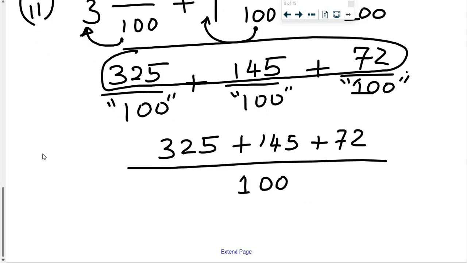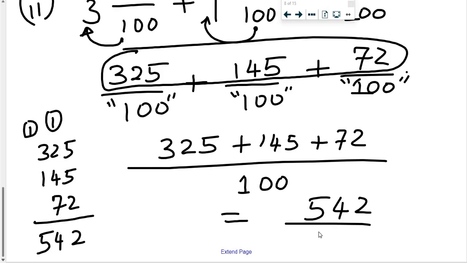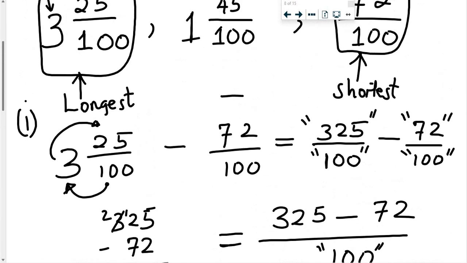Arrange the numbers vertically. 325, 145, 72. 5 plus 5, 10, 12, carry 1. 2 plus 4, 6, 13, add 1, 14, carry 1. 3 plus 1, 4, add 1, 5. So the answer will be 542 upon 100.